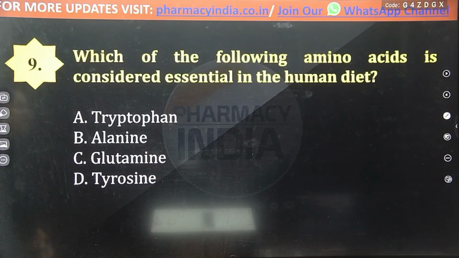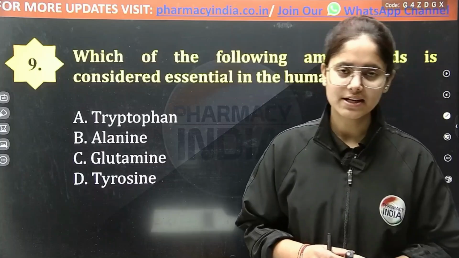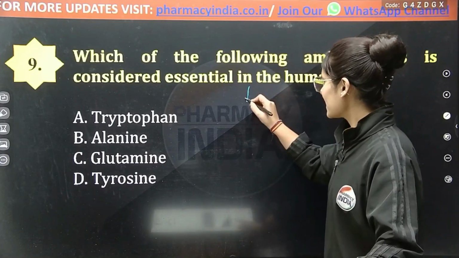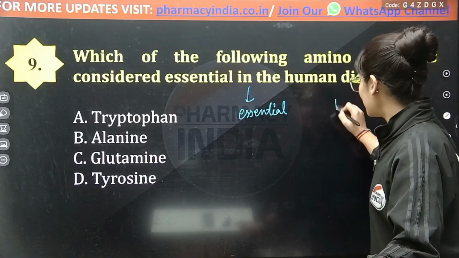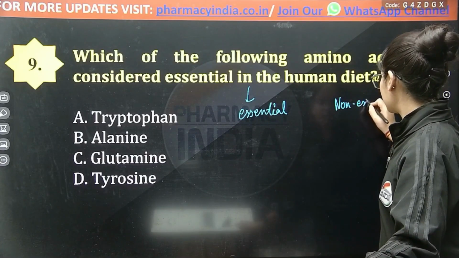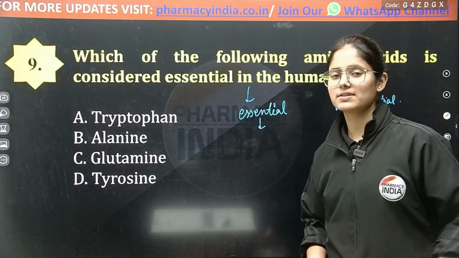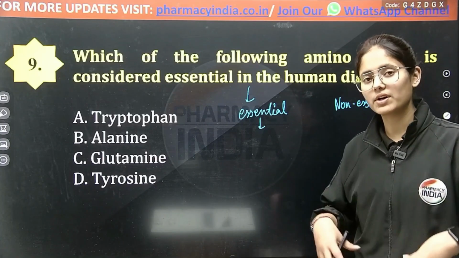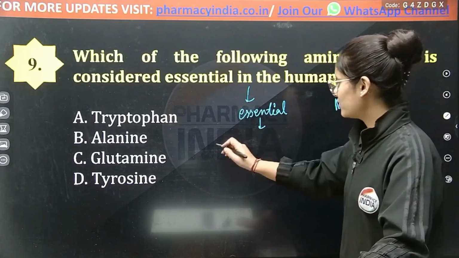Next question, which of the following amino acids is considered essential in the human diet? On the basis of essentiality, amino acids are divisible into two main categories. One is essential, the second is non-essential. Essential amino acids are those which cannot be produced by the human body itself. They should be included in our diet.